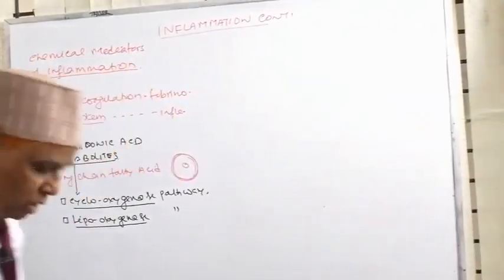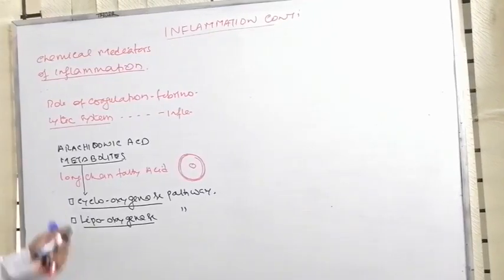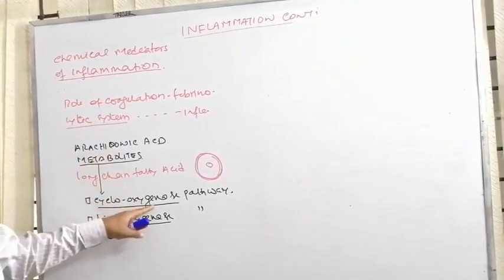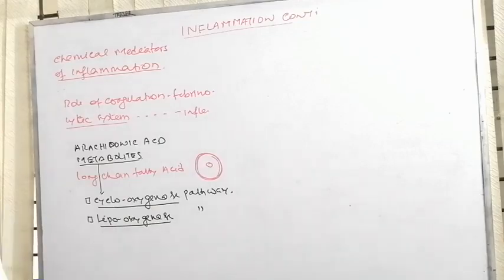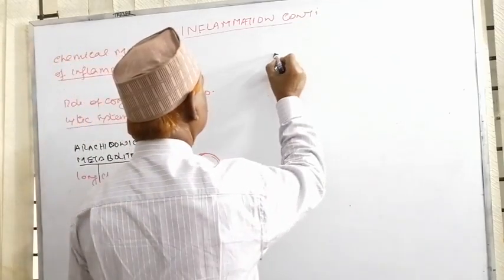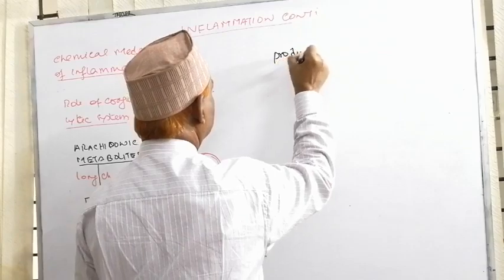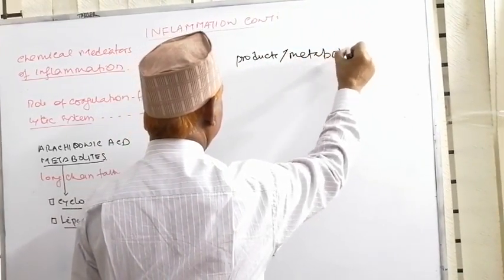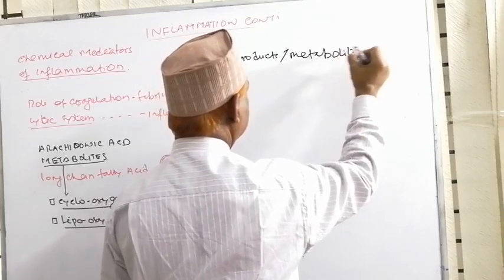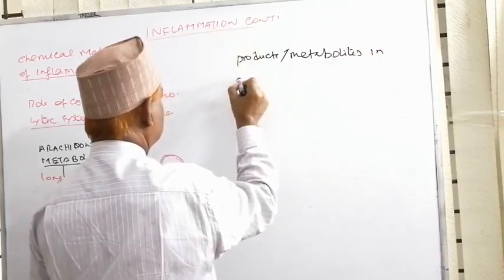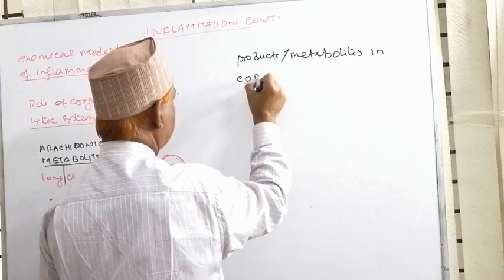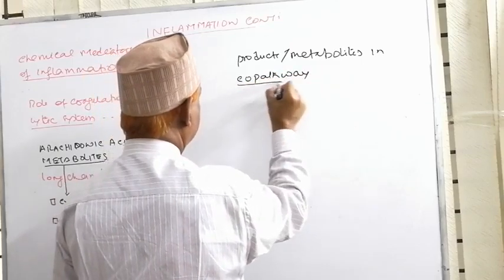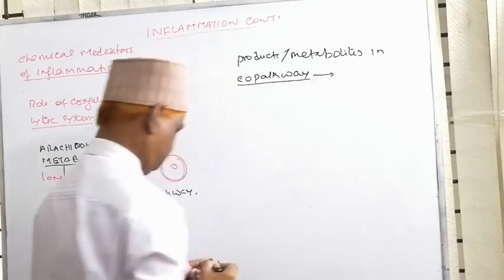Now come to what are the products we get when arachidonic acid is metabolized with the help of cyclooxygenase pathway. In cyclooxygenase pathway, what are the metabolites?